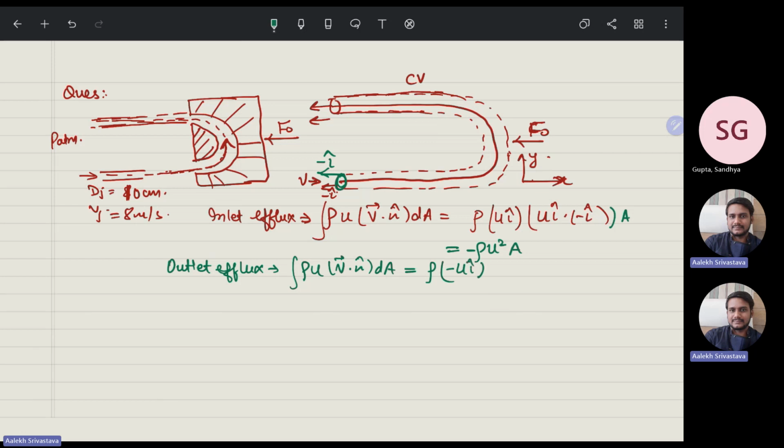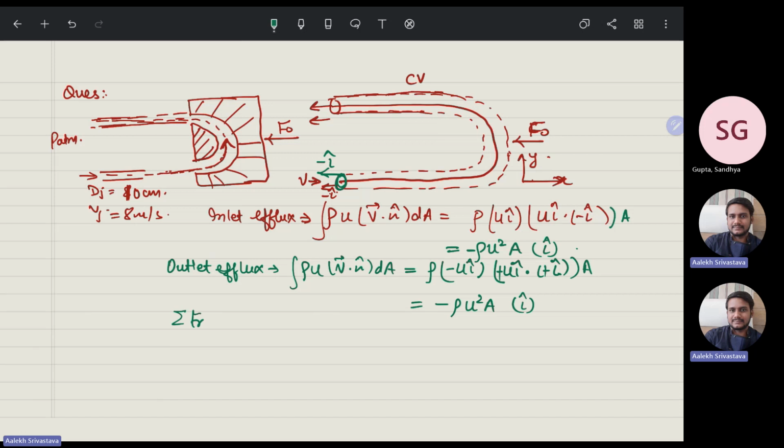Similarly, the velocity is u i cap but in negative direction, dot minus i cap into area. So this minus and this minus will turn out to be plus. i cap dot i cap is 1. So it is minus rho u square A, that is i cap because it is in x direction.